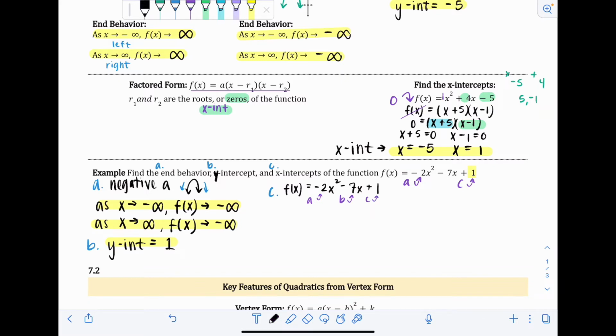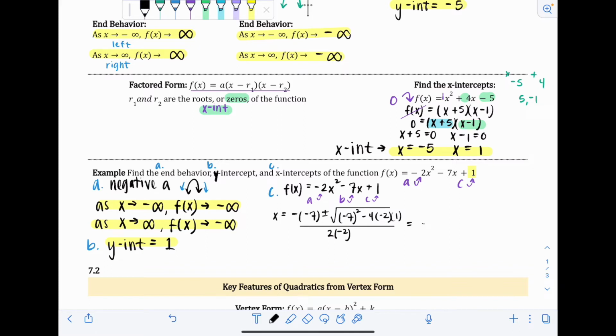If I use the quadratic formula, it would be x equals negative b, so that's negative 7, plus or minus the square root of b squared, so negative 7 squared minus 4 times negative 2 times c, so times 1, and then all over 2a, so 2 times negative 2.